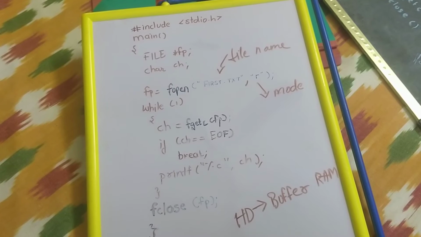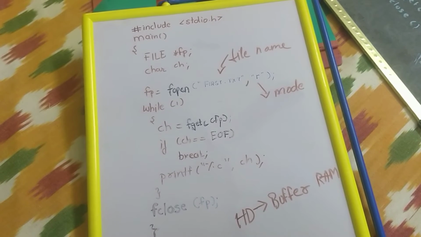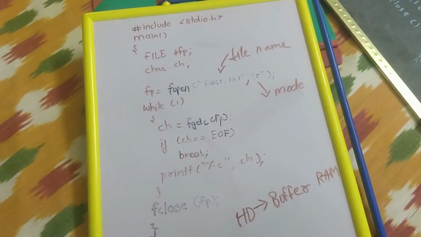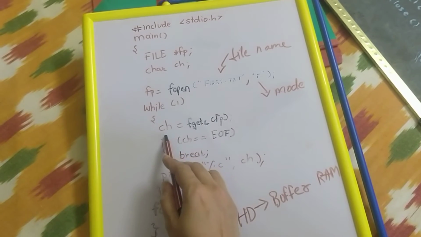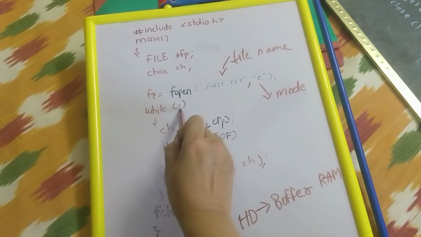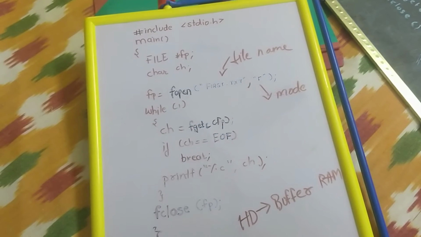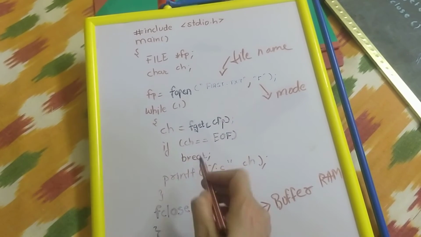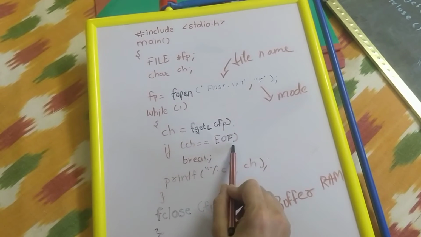Now our task is to read the characters from the file and display them on the screen. So we start reading the characters inside a loop one by one. It is an infinite loop with while(1), and it will break when the character that you have read is end of file.